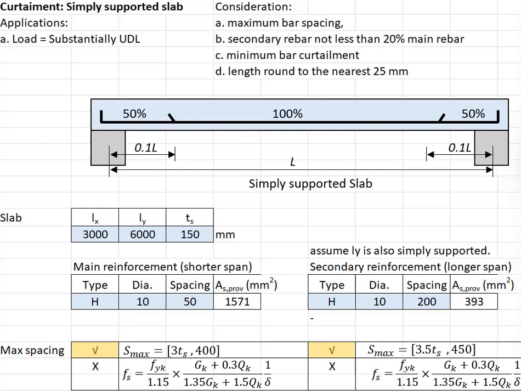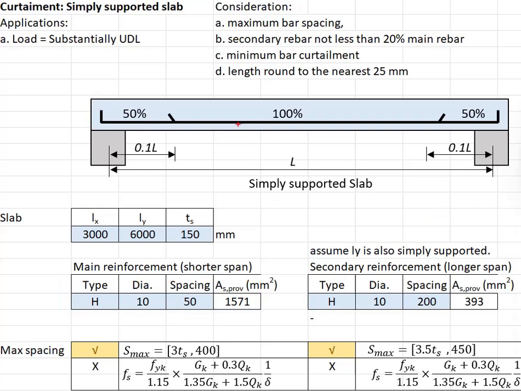Personally, I prefer to have the spacing of at least 75 and above. Now, if you choose to use bigger spacing, you can increase the size of the reinforcement bar with a bigger spacing of more or less similar amount of reinforcement area. Let's say we stick to the initial arrangement, H10-50.